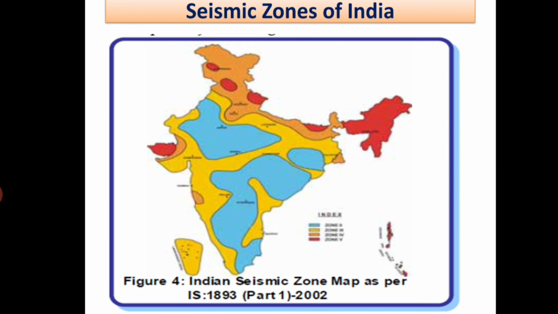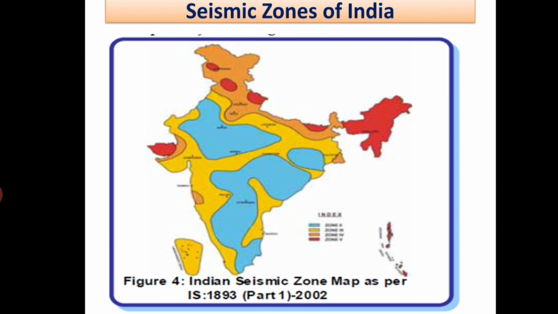So why is a seismic zone provided in India? When we design or analyze a building constructed in a particular city or state, first we locate the state or city and consider its zone. Suppose we construct a high rise building in Gujarat.